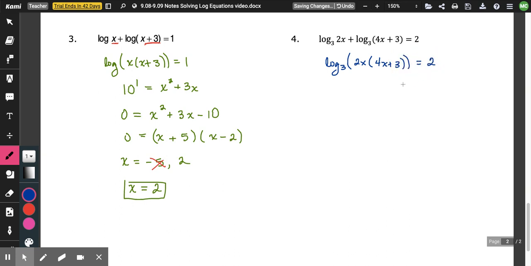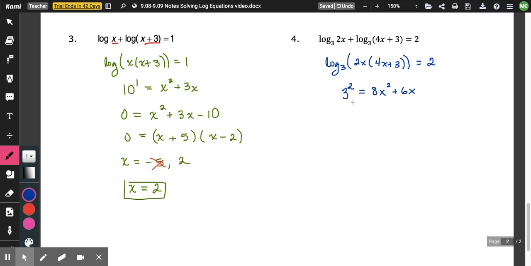Now, because I've got a logarithm on the left and just a plain number on the right, the strategy to solve would be to change it to its exponential form. So the base of the exponential would be 3. The power is across the equal sign, so squared, equals the argument of the logarithm. Once again, I'm going to go ahead and distribute that 2x in there. So that would give me 8x squared plus 6x.